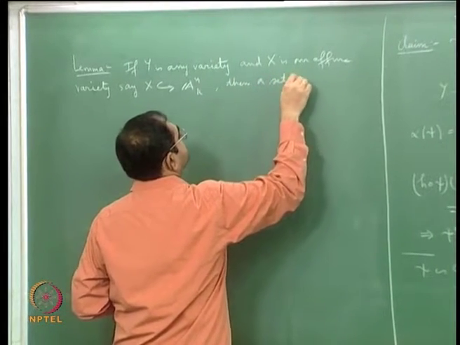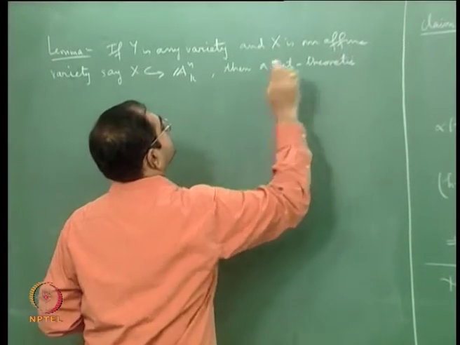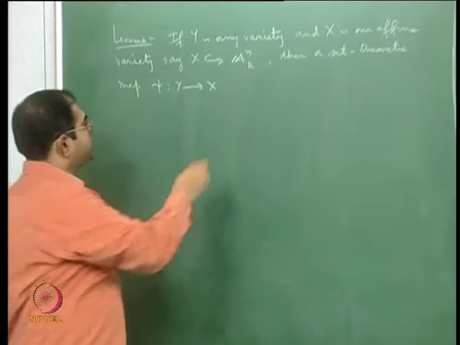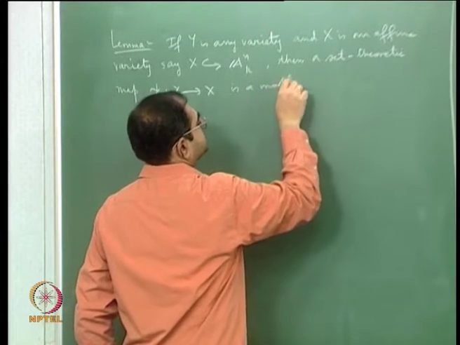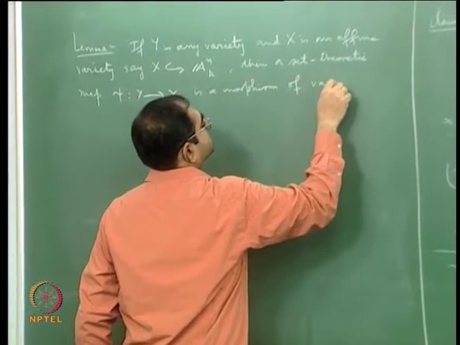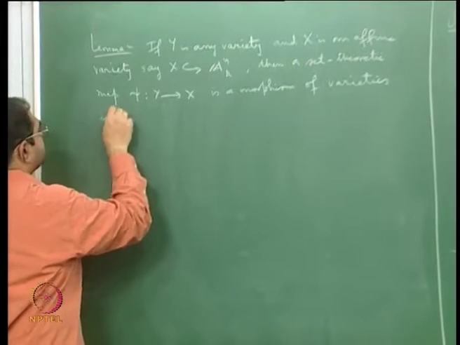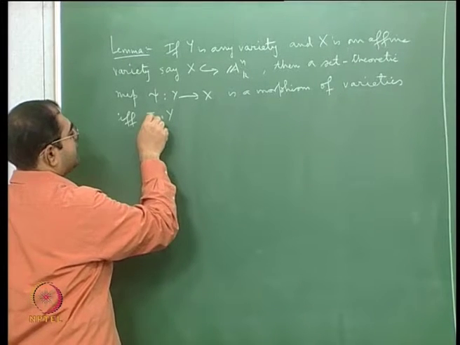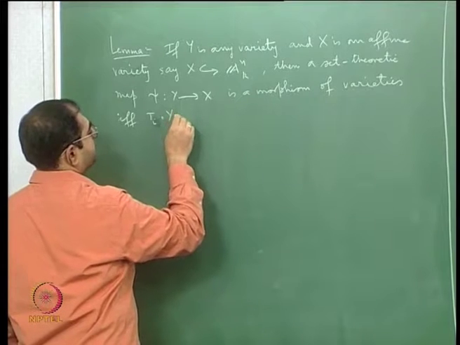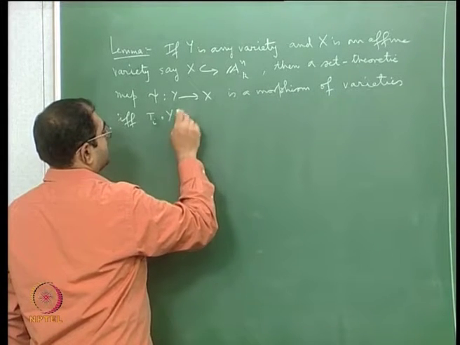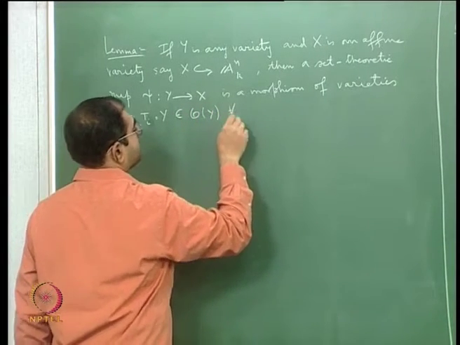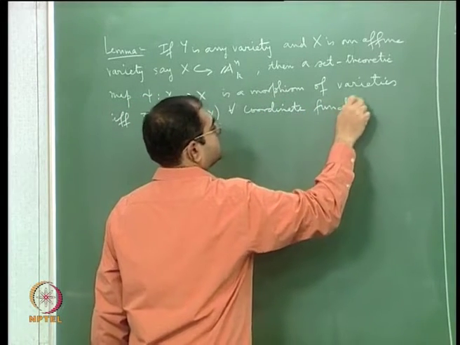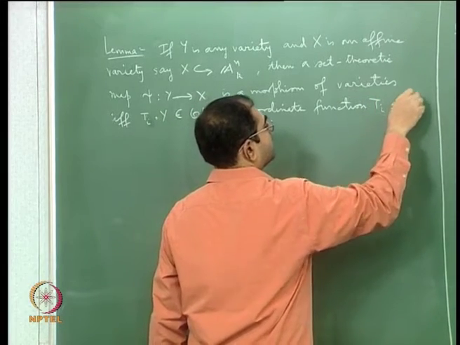a set theoretic map psi from y to x is a morphism of varieties if and only if ti circle psi is a regular function on y for every coordinate function ti on An.